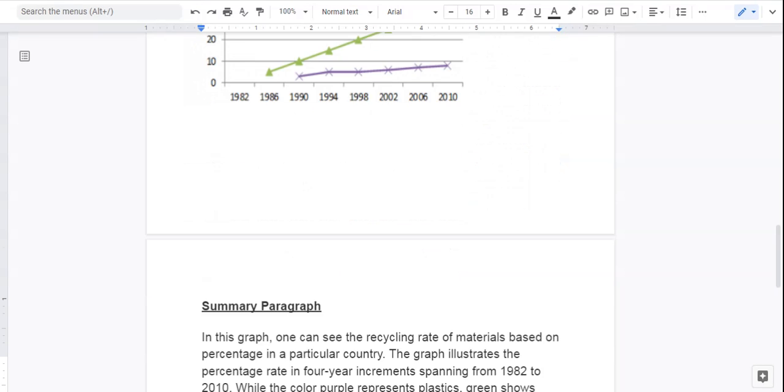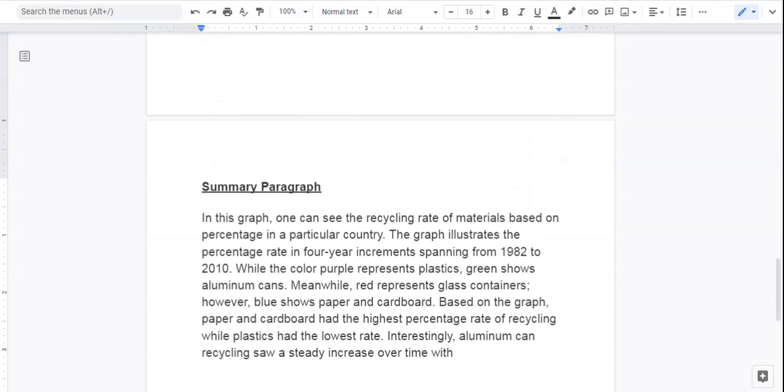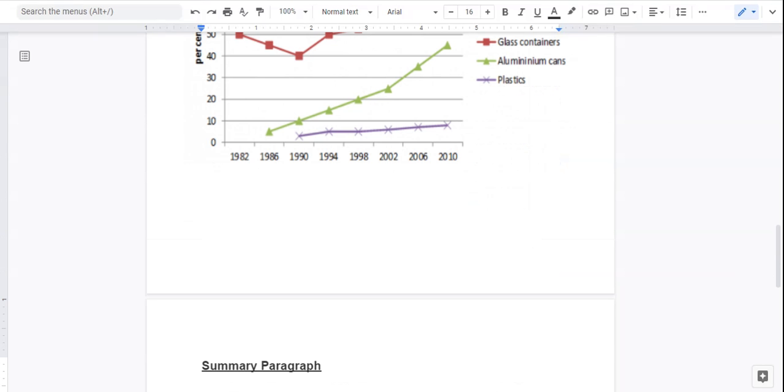I guess I can just leave it at that. Saw a steady increase over time.